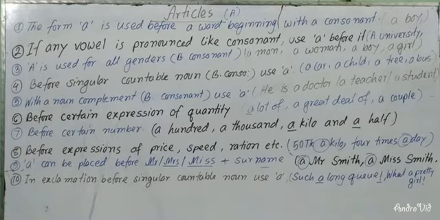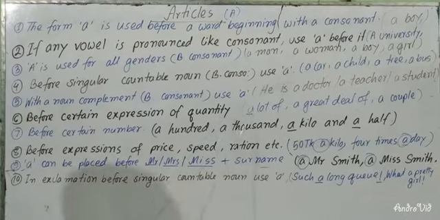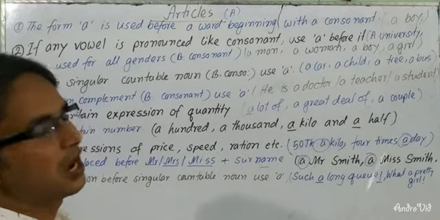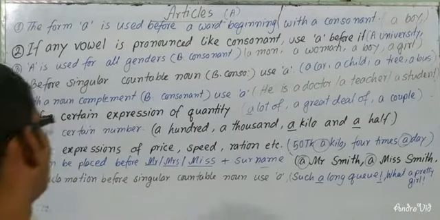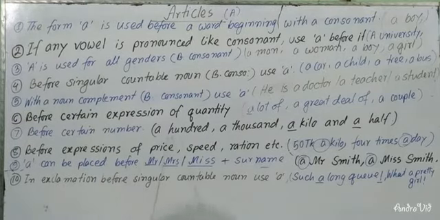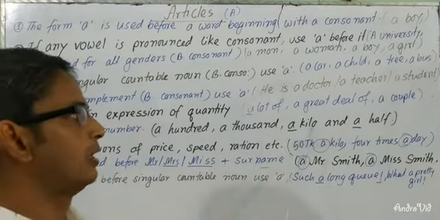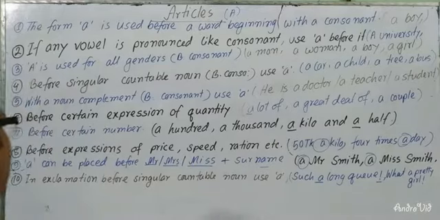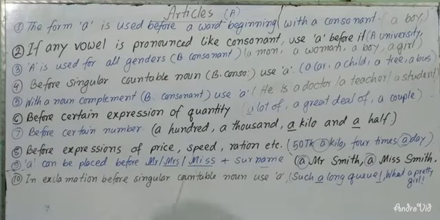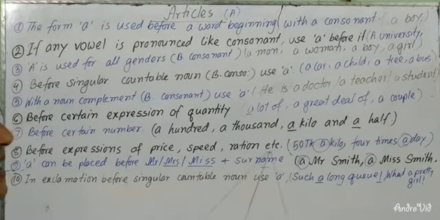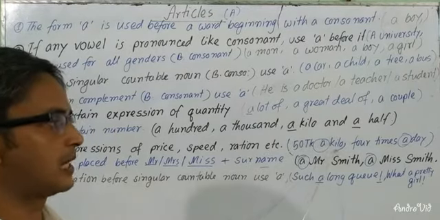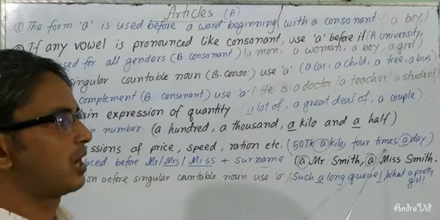And number 6, before certain expressions of quantity, we have to use article a: a lot of, a great deal of, a couple. And 7 is before certain numbers, a hundred, a thousand, a kilo, and a half. You have to use article a. And before expressions of price, speed, ratios, etc., you will have to use article a, like 50 taka a kilo, 4 times a day.